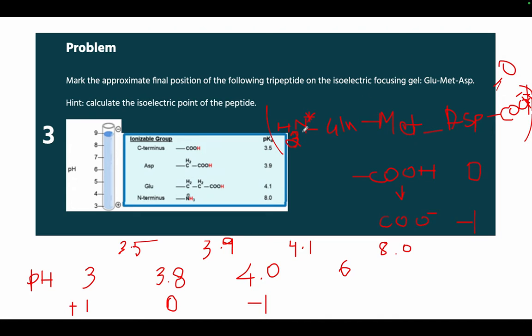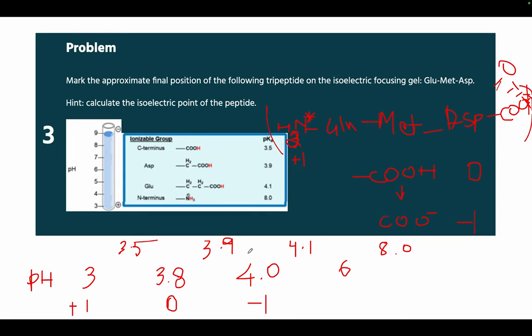But the amino terminus already has one positive charge. So at this intermediate pH the charge will be around 0, because this is going to be +1 and this is going to be -1. So approximately 0 is going to be the overall charge.